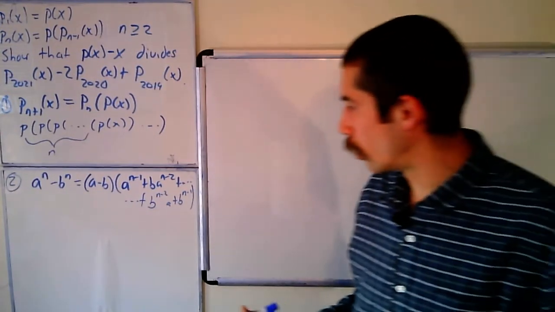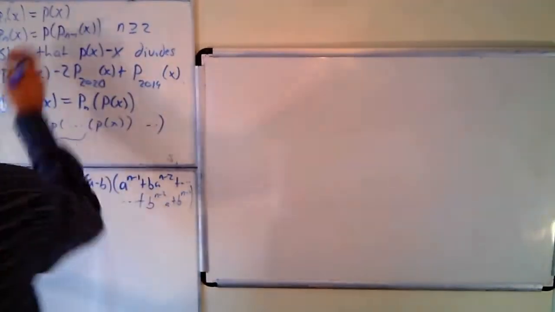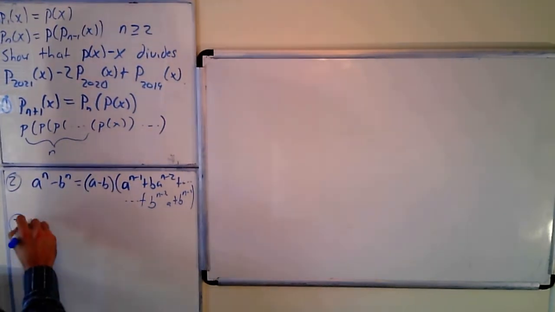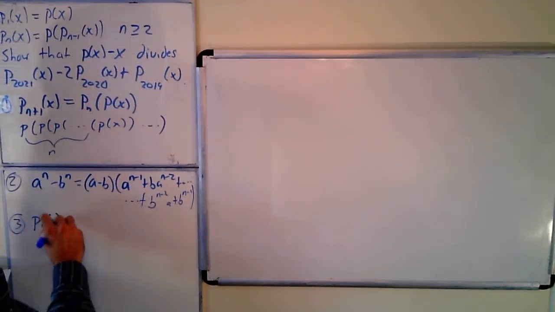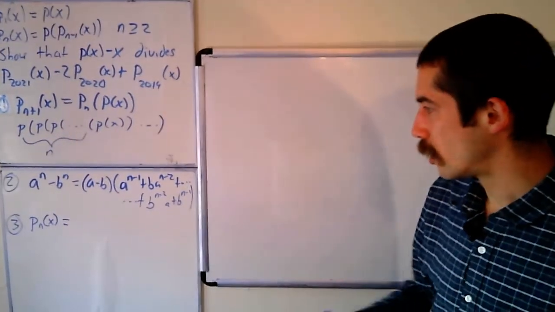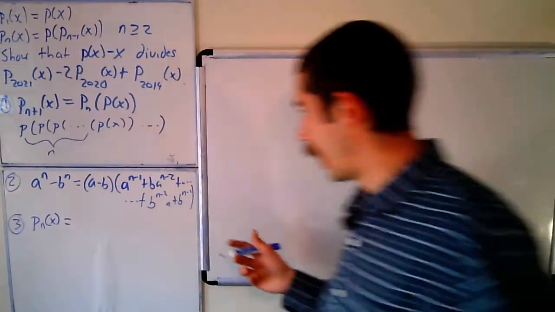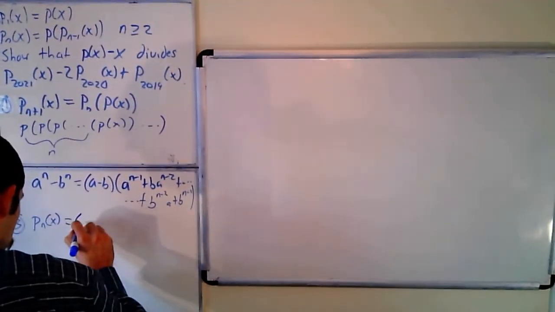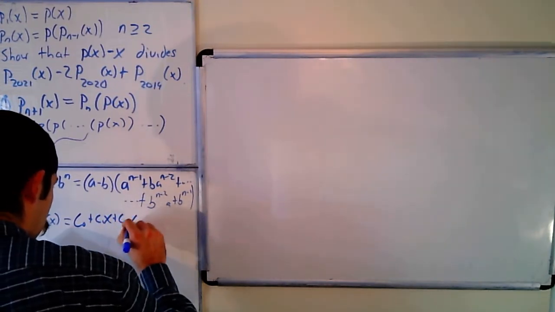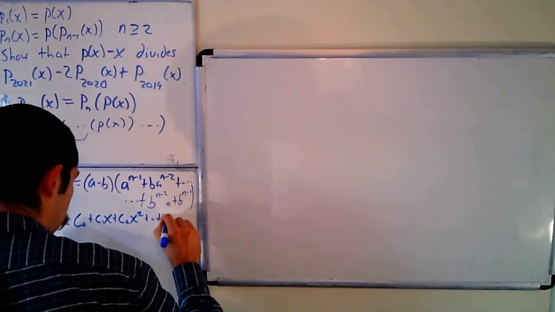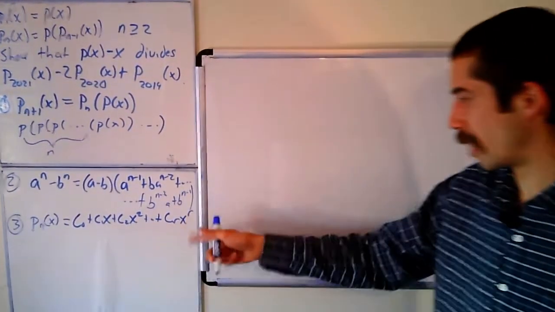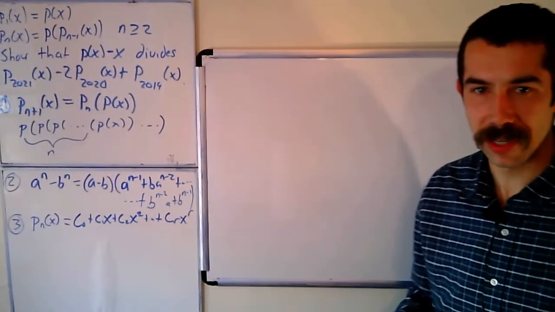Okay, so consider the nth composition here. The nth composition is still a polynomial. So we could write it as some constant term plus a number times x to the first plus a number times x squared plus some number times x to the r. R here would be the degree of this nth composition.